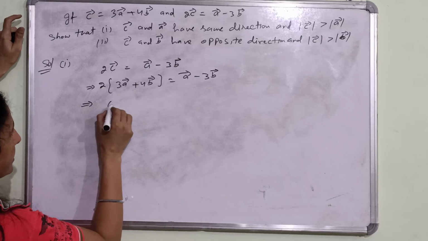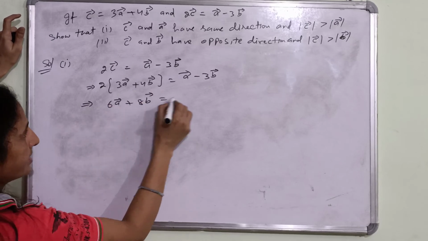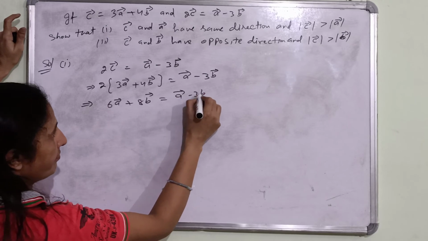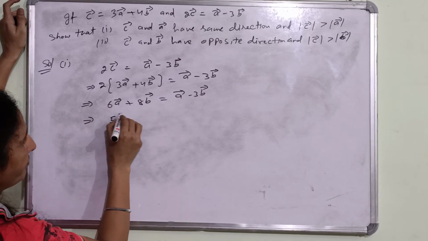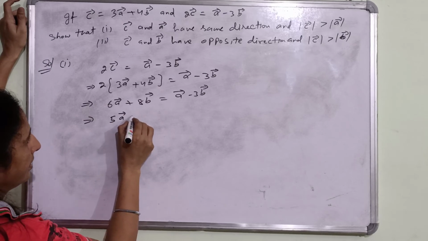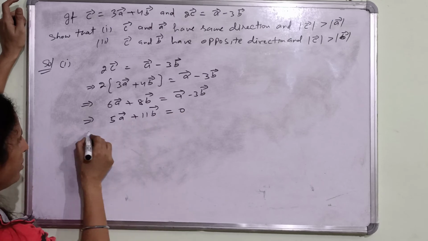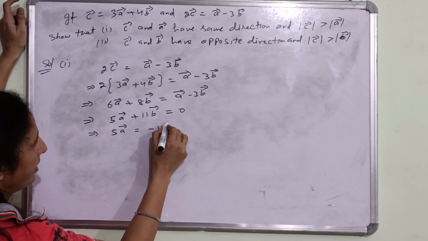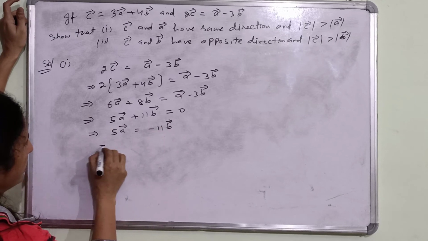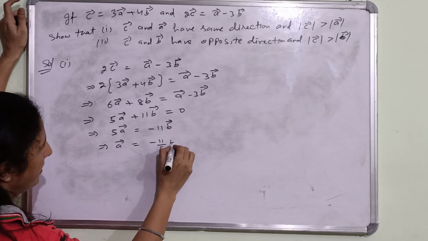So it is 6a plus 8b is equal to a minus 3b, right? So it could be 5a plus 11b is equal to 0, or you can say 5a is equal to minus 11b, right? So a is equal to minus 11 over 5 b.